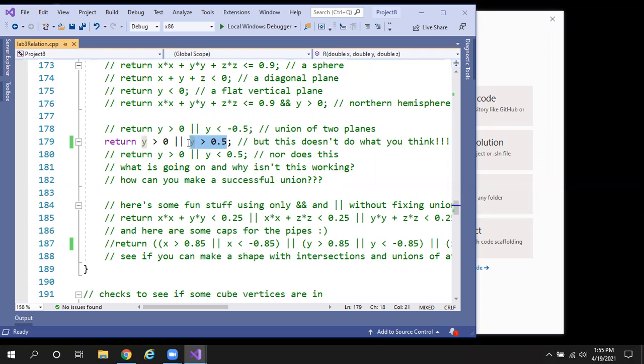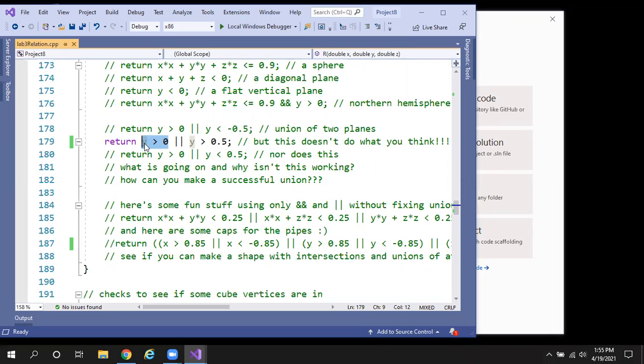Well, the problem with that is that all of those points are greater than 0. So even though it straddles this boundary, it doesn't straddle this boundary. It's just on one side of it.